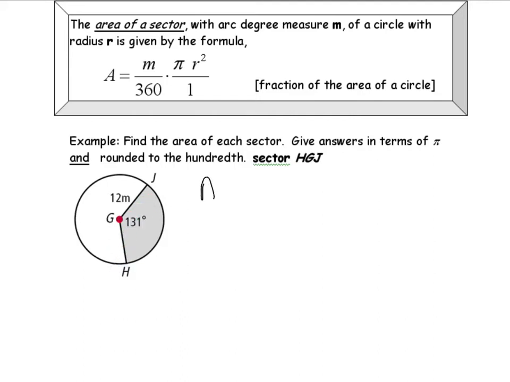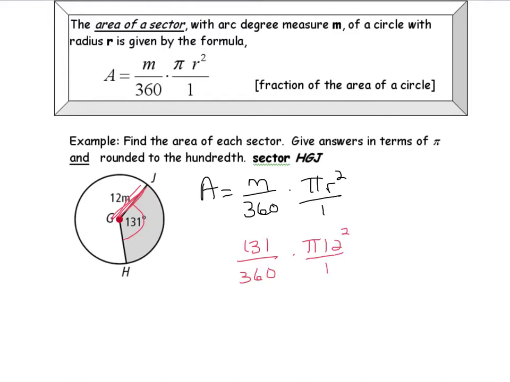I've got the area as being the measure over 360, that's how much of the whole circle, times the whole area itself. Plug in what you know. I know that the measure of the angle right here is 131 over 360, and I know that my radius right here is 12.